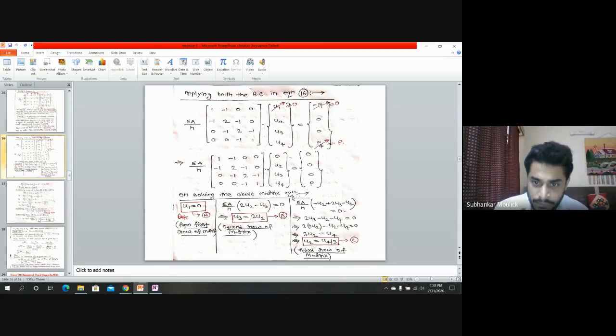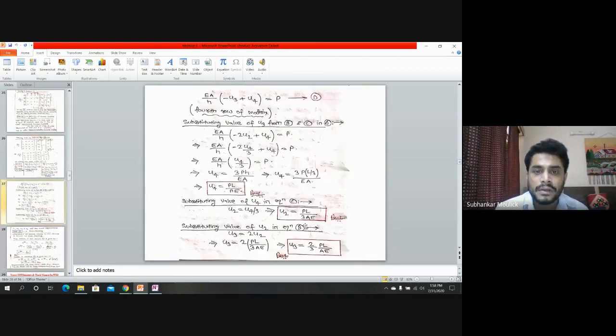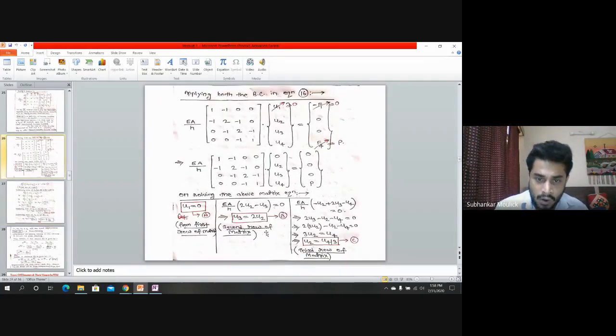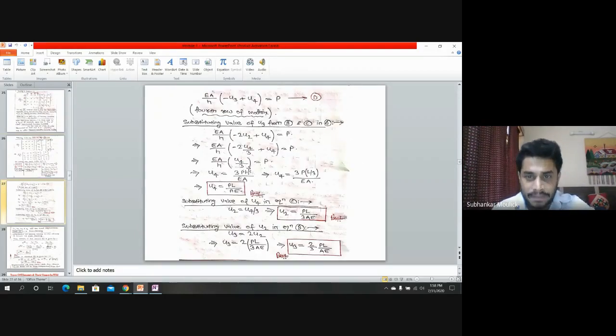That means minus U3 plus U4, multiplied by EA by H, is equal to P. You have equation number D. Now you solve A, B, C, D. 4 equations are there, and already you know one unknown. You solve equations B, C and D by the substitution method or the elimination method. You will get the values of U2, U3 and U4.